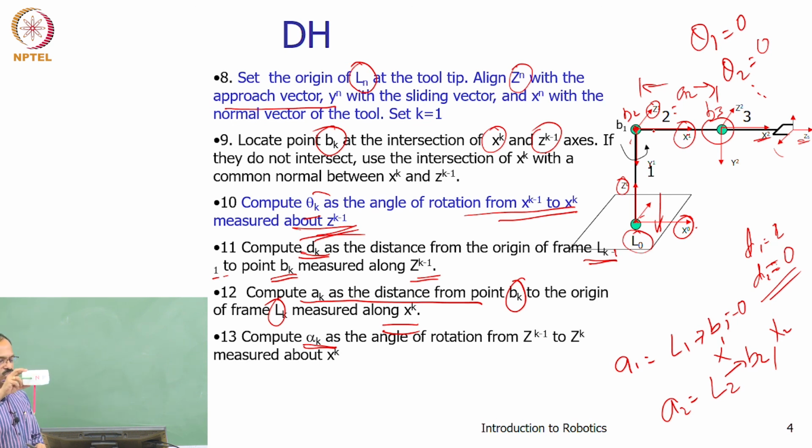Now how much has Z0 rotated to come to this position? Z0 was like this, and now it has rotated like this to come here. So if I am looking from X2, it has rotated from this position to this position. So you have a 90-degree rotation in the clockwise direction. So alpha k will be minus 90 degrees. Alpha 1 will be minus 90 degrees.